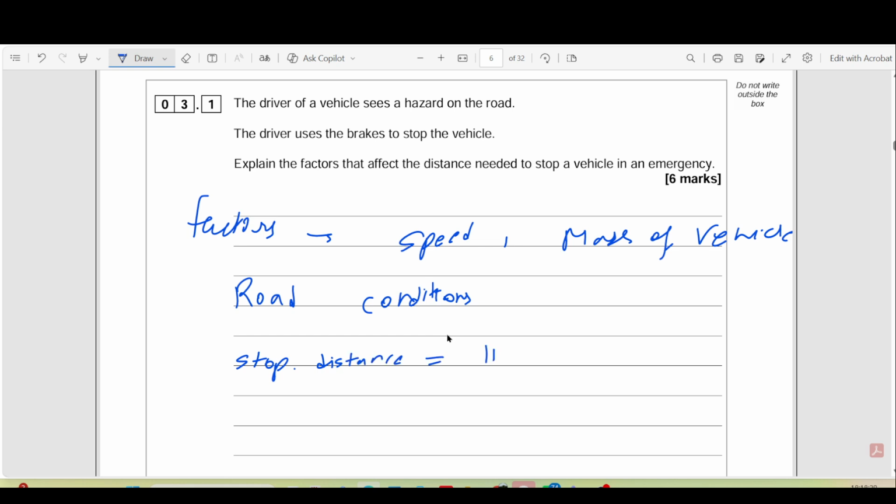And then there's tire tread, there's frictional grip, to stop with.